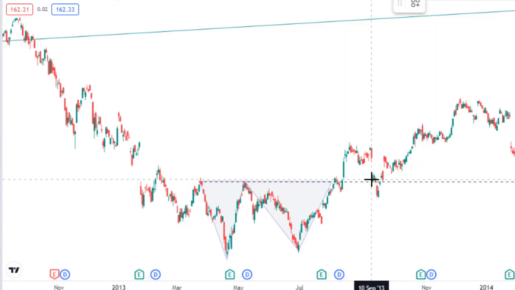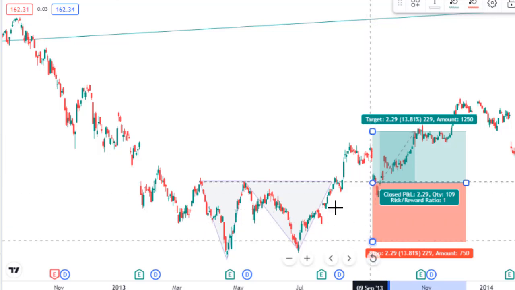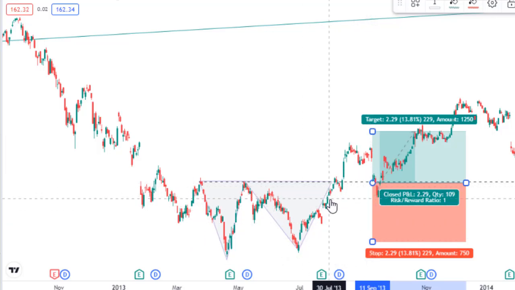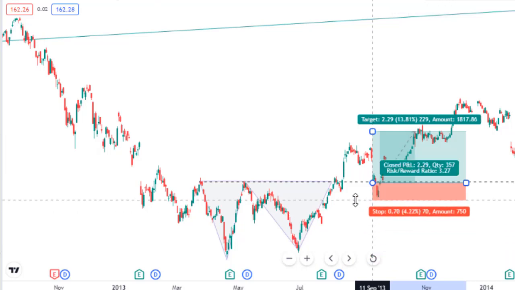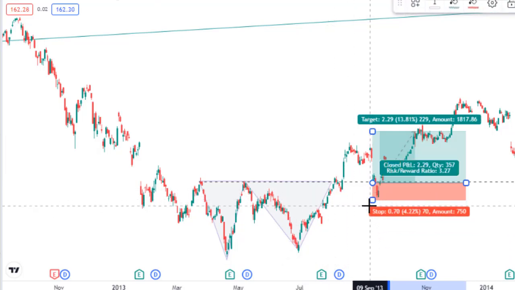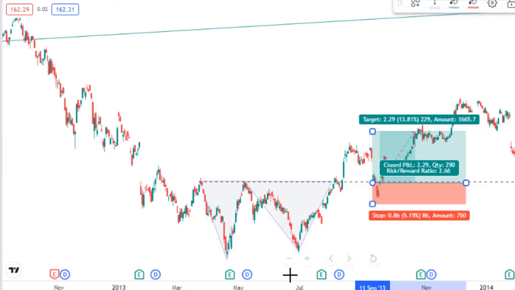We can enter here and put our position 1.5 behind that zone. I mean, you can assume that this is 1 and put your stop loss 1.5 behind that. That's here.